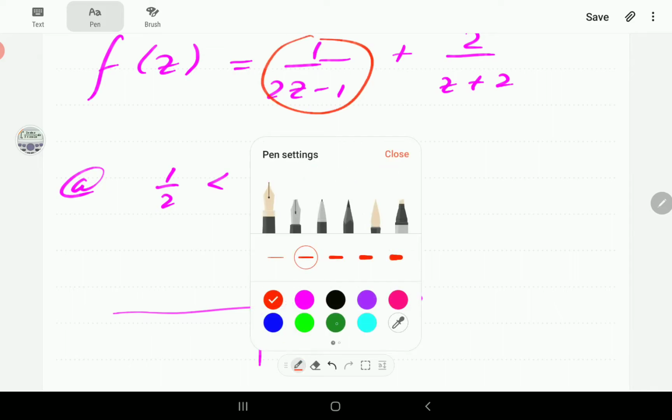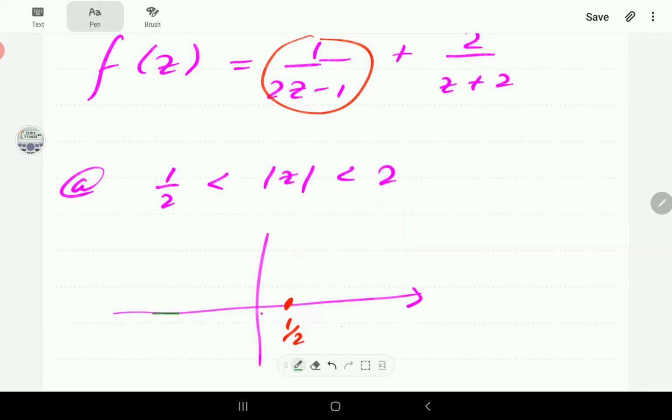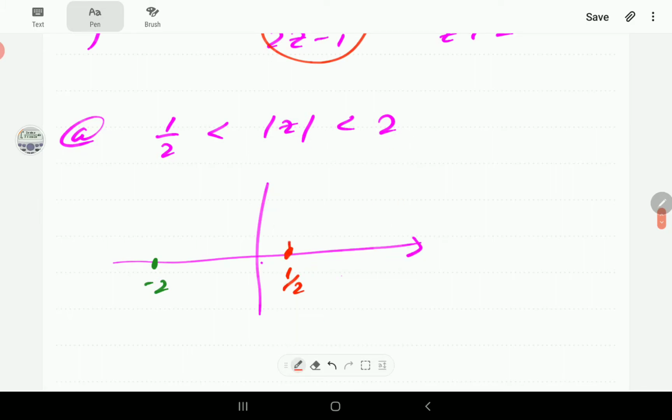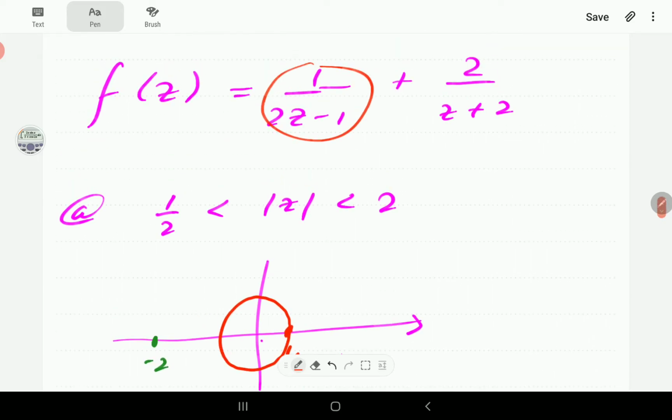And then associated with this term here, it's going to be a singularity at -2. I'm going to do a red circle here. This is a circle centered at the origin, just touching that singularity, and it's associated with this fraction here.